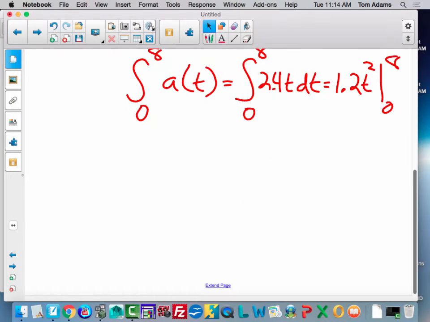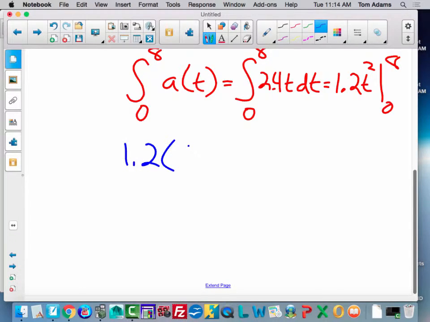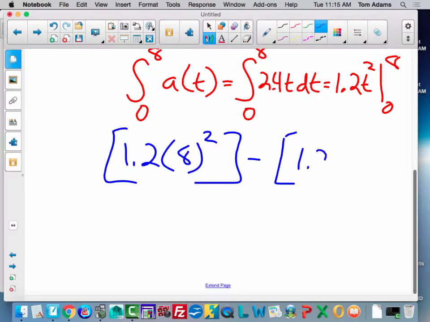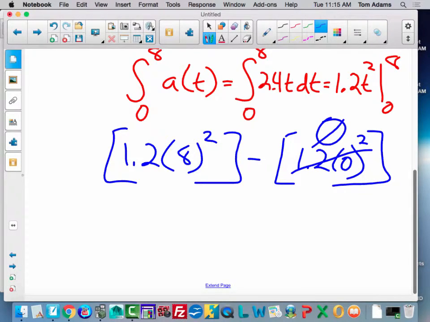So now to evaluate this, I'm going to say 1.2 times 8 squared, that's my upper limit, minus 1.2 times 0 squared. Well, this whole thing's 0, isn't it? So I've got 1.2 times 64.